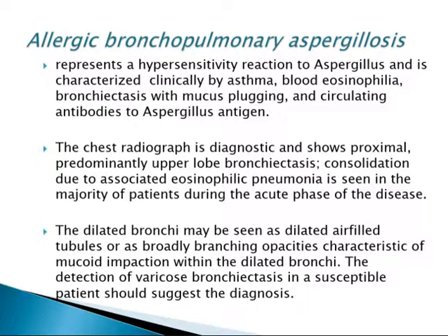The dilated bronchi may be seen as dilated air-filled tubules or as broadly branching opacities, characteristic of mucus impaction within dilated bronchi. The detection of varicose bronchiectasis in a susceptible patient should suggest the diagnosis. So if a patient has asthma and shows varicose bronchiectasis, we should suspect aspergillosis.